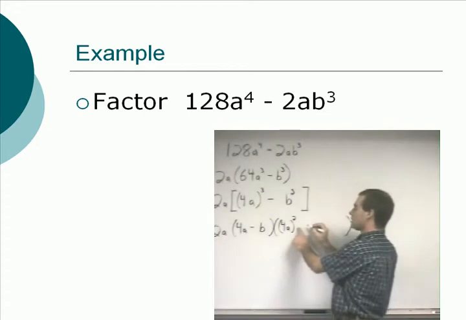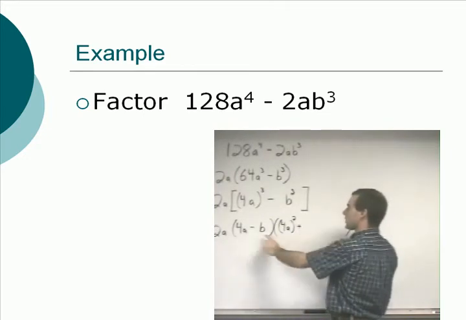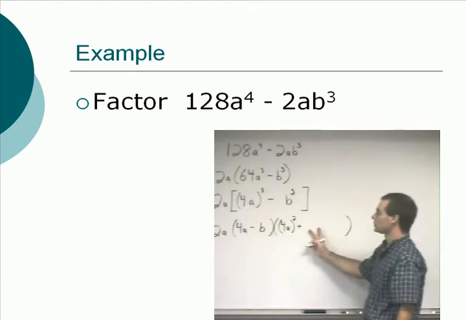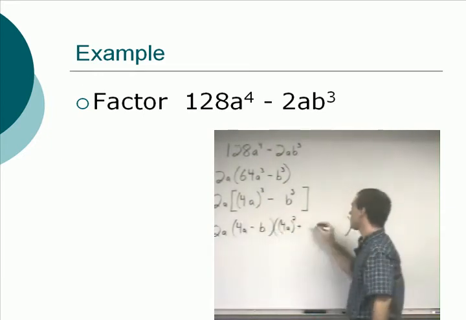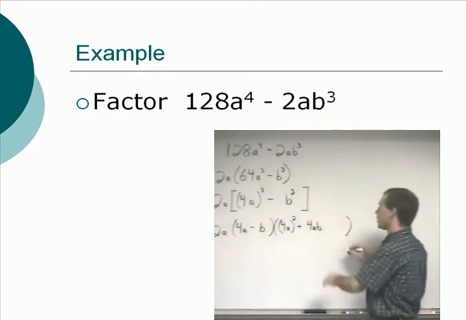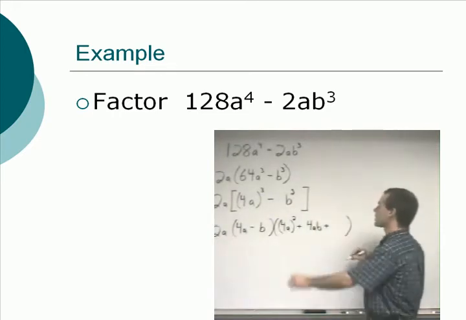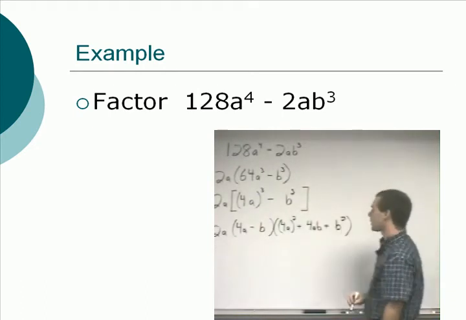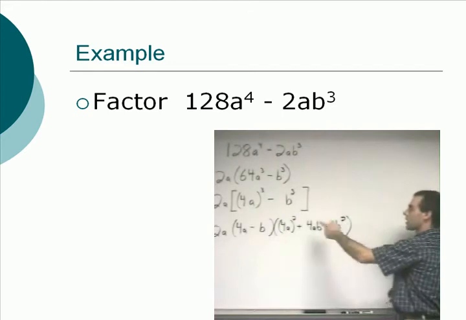What's the sign going to be? Plus, opposite of this one, so plus. Now what's your second term going to be? 4a times b. And your last sign is always plus, and it's going to be b squared.